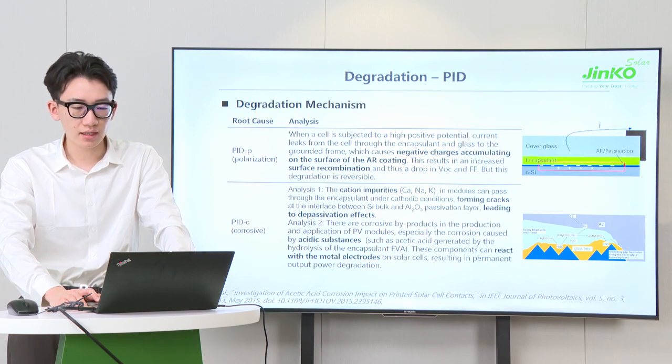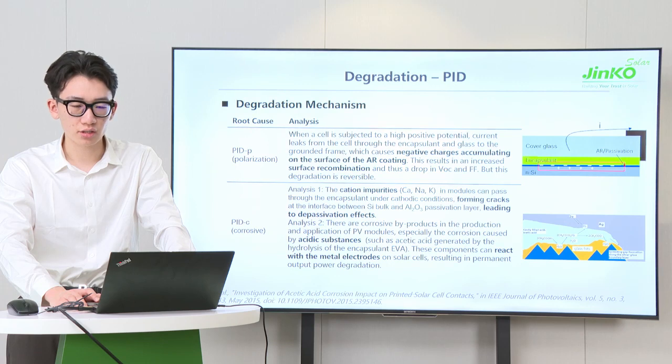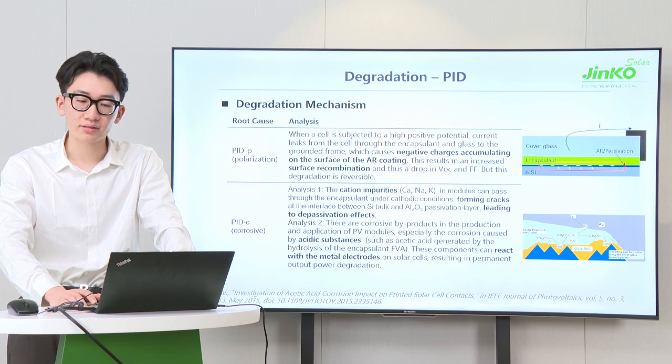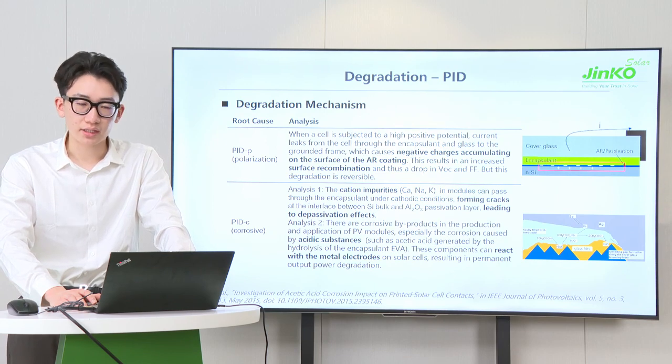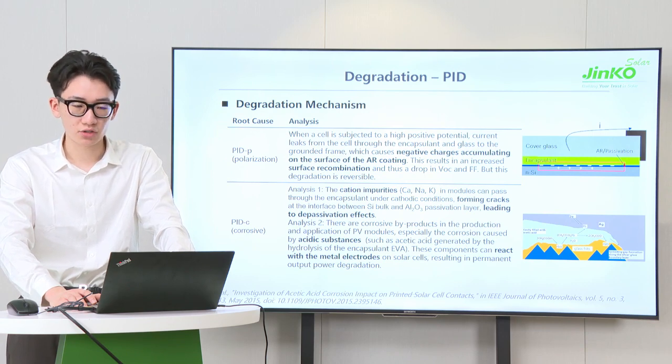Therefore, instead of being collected by the cell's p-n junction, light-generated holes in the front region of the cell are more attracted to the front surface of the cell by the negative charge in the AR coating, where they are recombined with electrons. This results in increased surface recombination. Typically, PID-p can occur below the silicon nitride AR coating and alumina passivation layer.